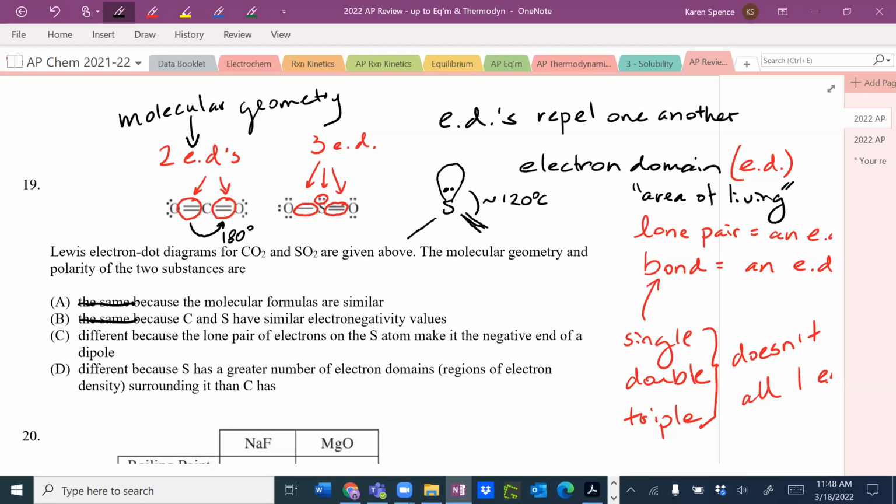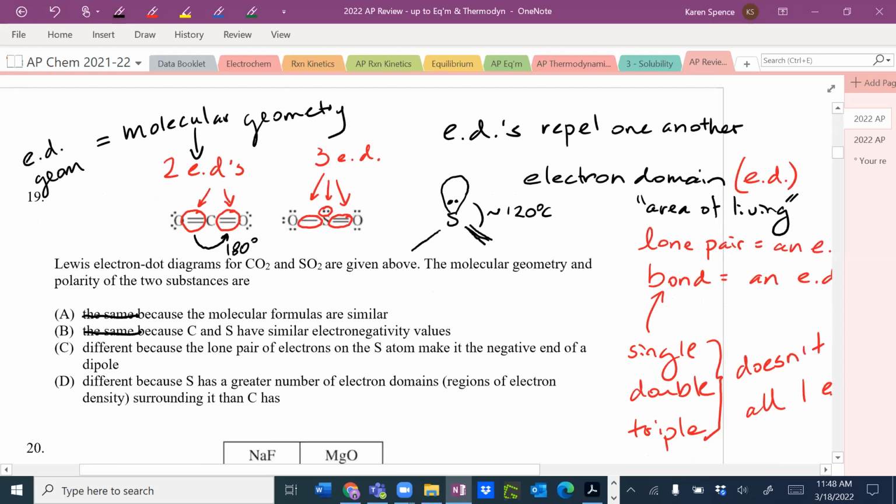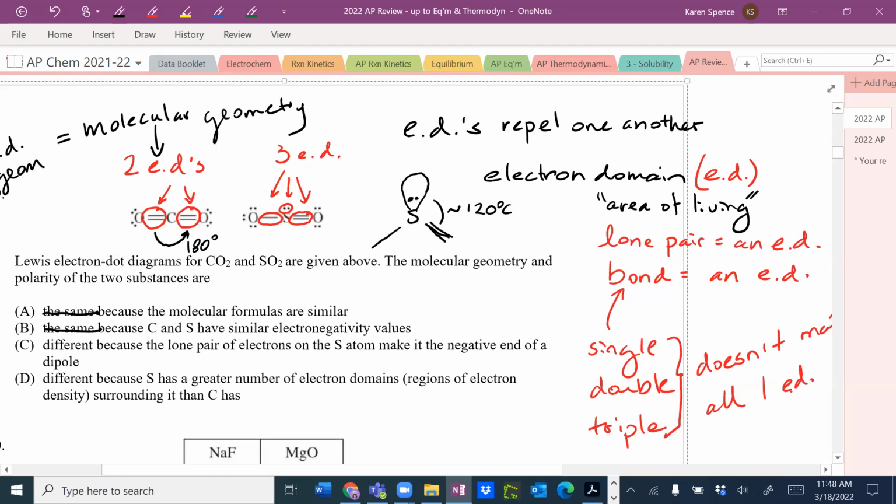Okay, and that is the same as the electron domain geometry. For sulfur, the electron domain geometry is a triangle. What do we call a triangle? Trigonal planar, yes.